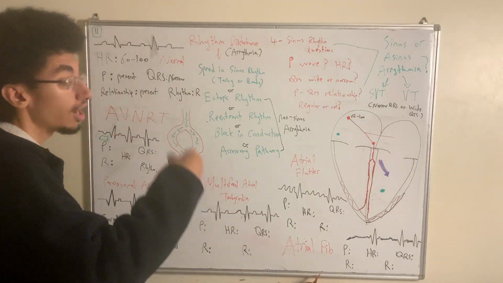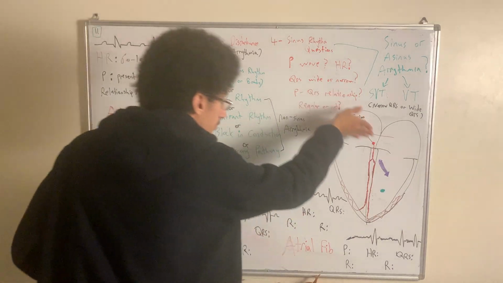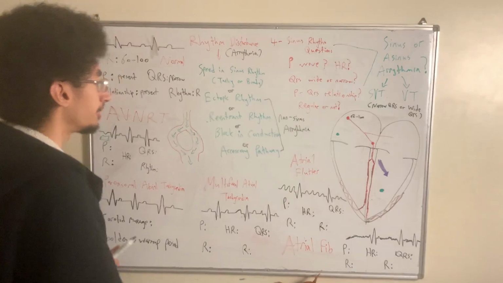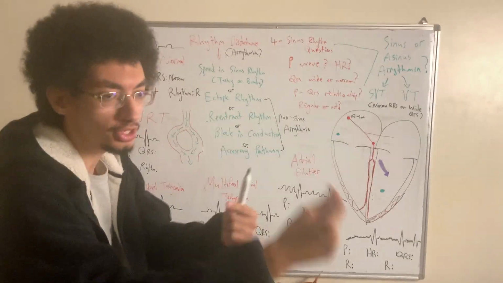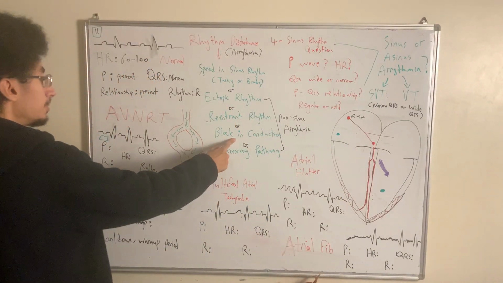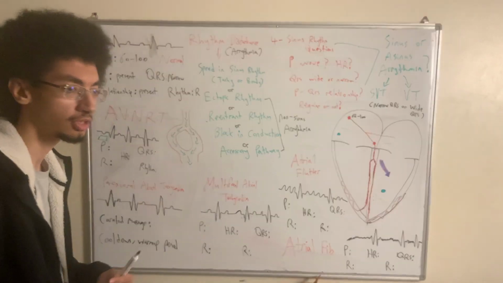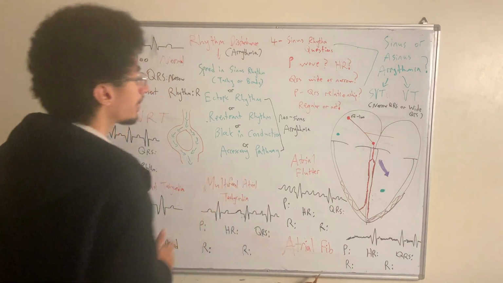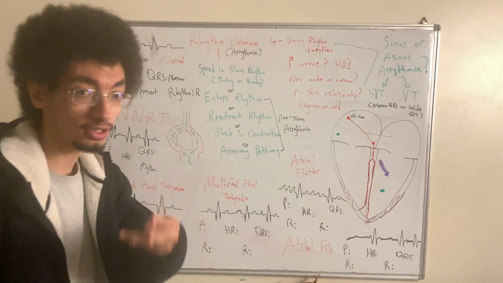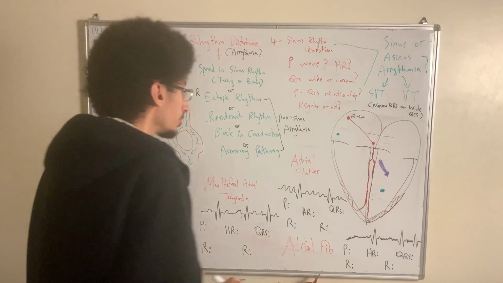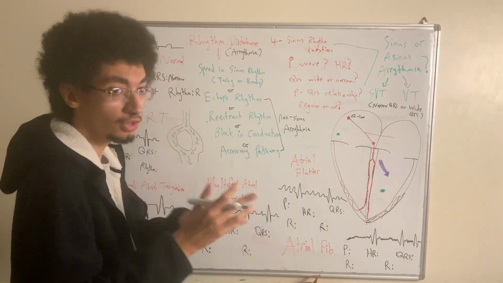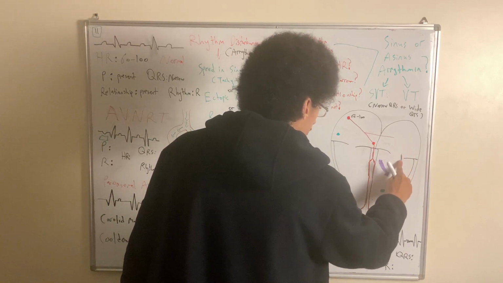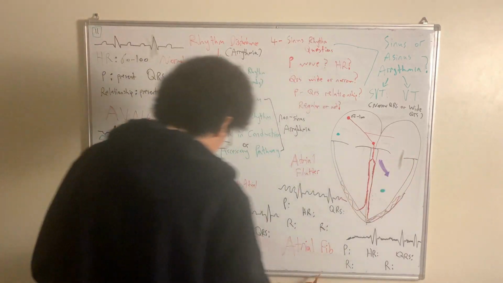And finally, another way that the normal sinus rhythm could be disturbed, besides an ectopic source replacing the SA node, besides a re-entrant loop circuit replacing the SA node, besides a block in the conduction system, is if there is an accessory pathway, like in Wolff-Parkinson-White syndrome. So if you have an accessory pathway, let's draw it in the green color.